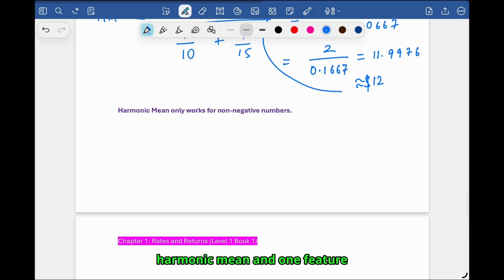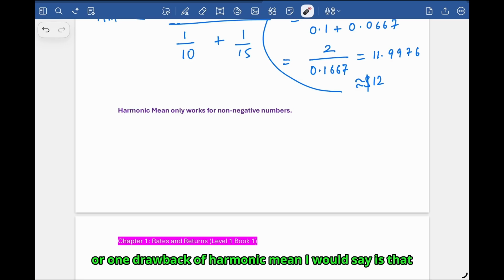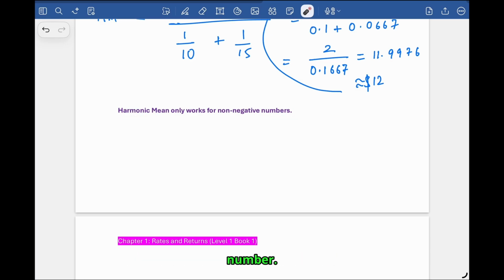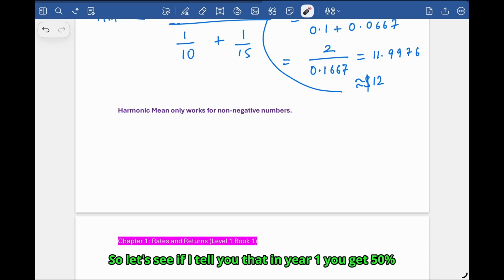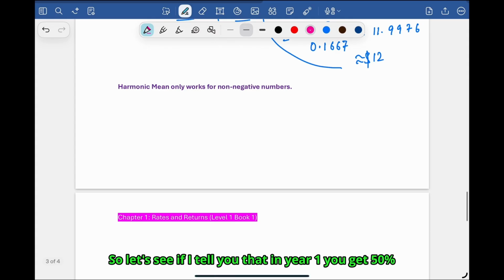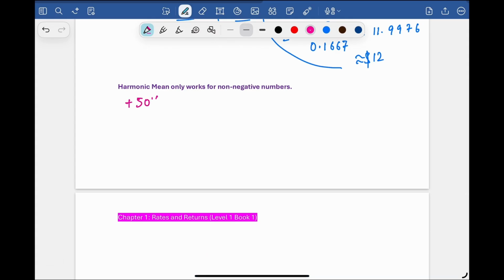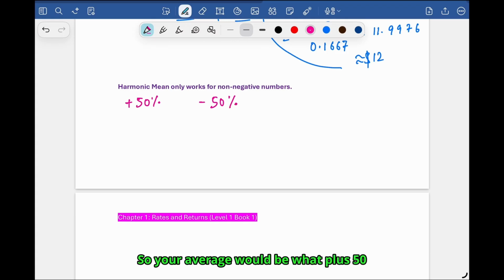And one drawback of harmonic mean, I would say, is that harmonic mean does not work on negative numbers. So let's see. If I tell you that in year 1 you get 50% return, and in year 2 you get minus 50% return, the average would be what?